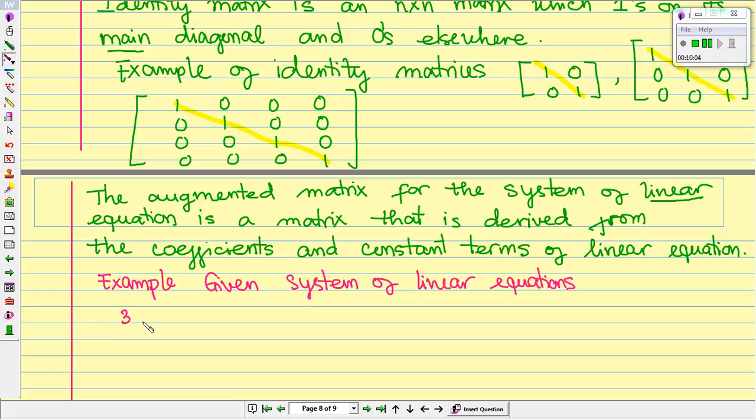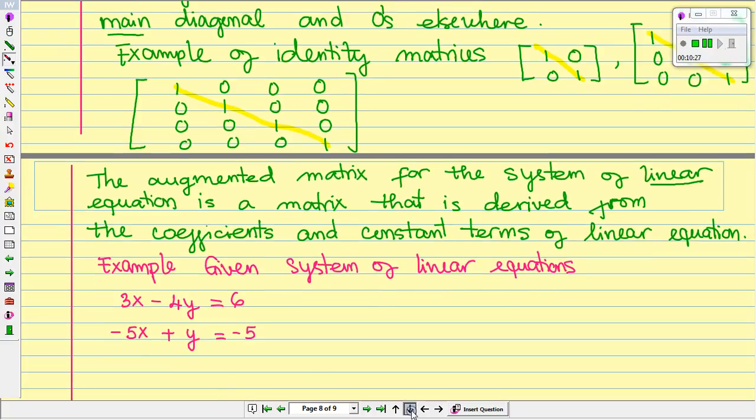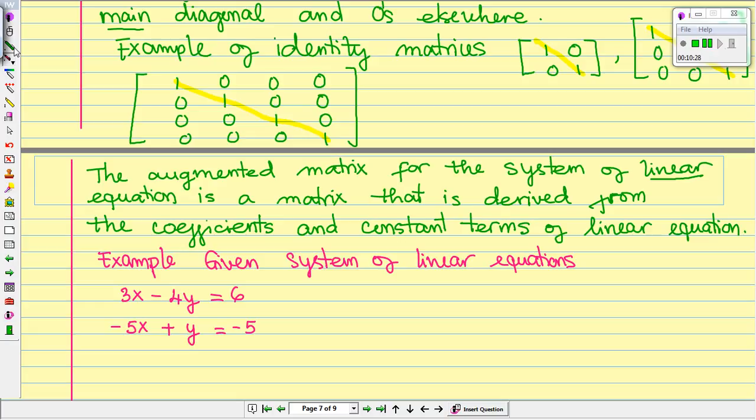I have two equations, so I have 3x minus 4y equals 6, and we have negative 5x plus y equals negative 5. Now from this system we can write the augmented matrix.